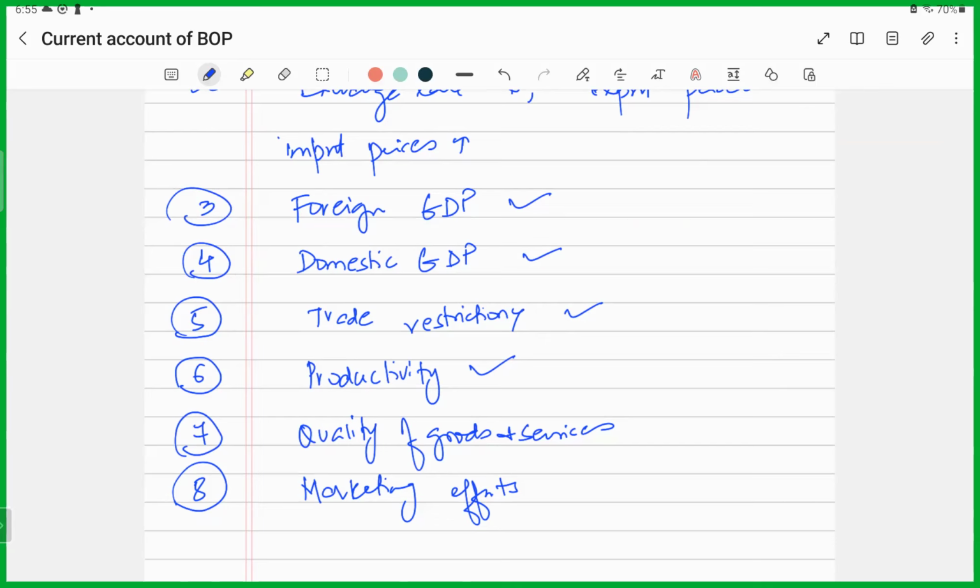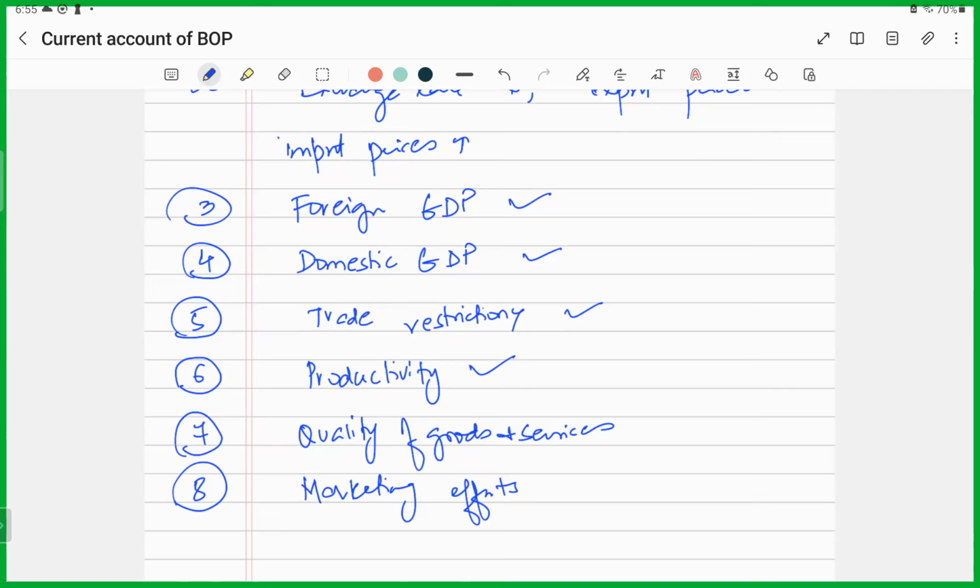Marketing efforts again play a vital role. The amount of exports sold is influenced not only by a country's quality of goods and services and the price of its products, but also by the efforts the domestic firms make in marketing their products. Similarly, it also depends upon how the imported products are positioned and what strategies they adopt in order to make an influence in the consumer's mind.